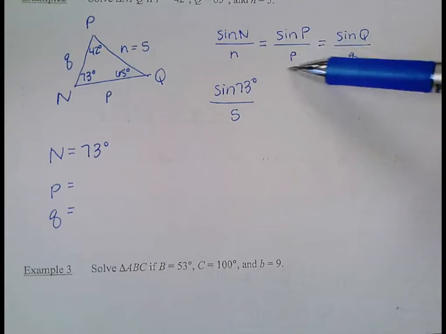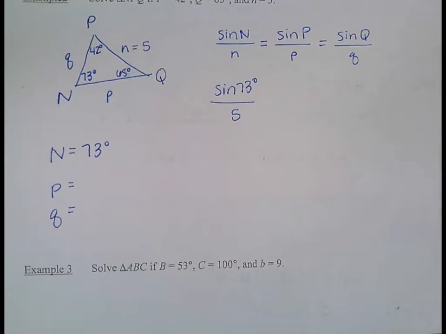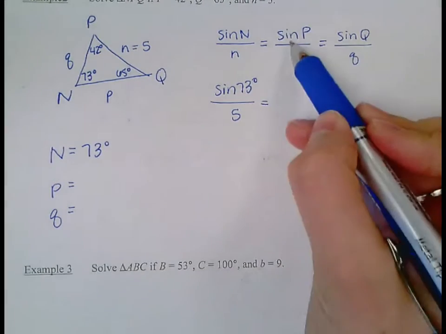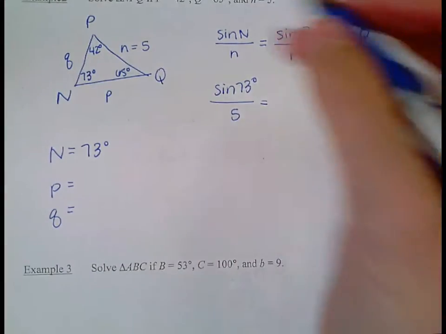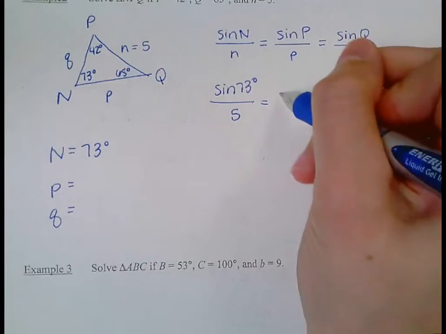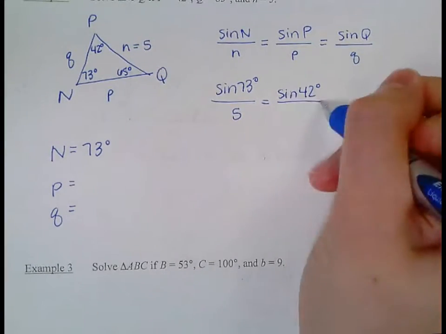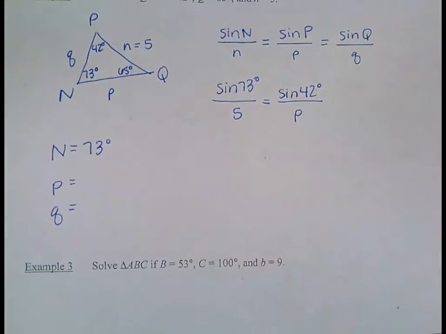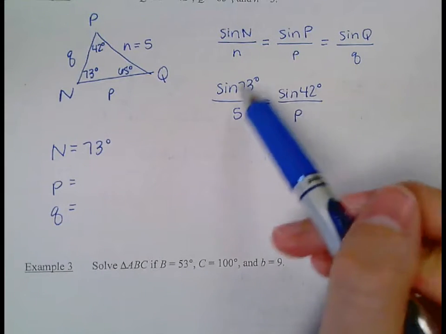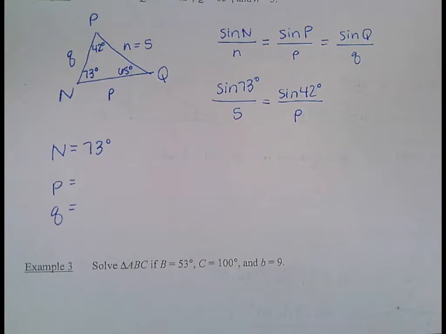So say I want to find side length p first. I can set up this ratio. I know sine of angle P is sine of 42 degrees over, and I don't know side length little p, so I'm going to leave that as p. And now I have a proportion that I can solve for p.